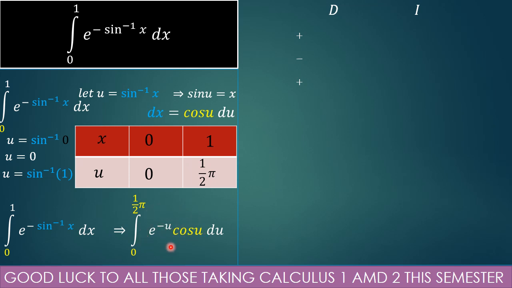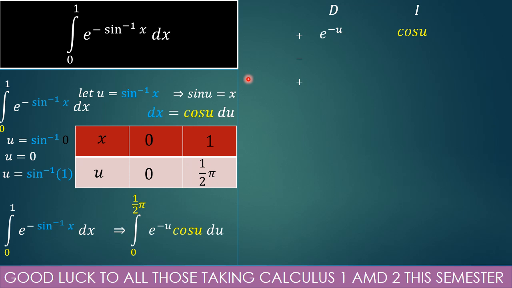No matter which function you choose to integrate, you still have the same result. So let's just say we are going to be differentiating e raised to the power negative u, and we are going to be integrating cosine of u. Good. That's what we have.